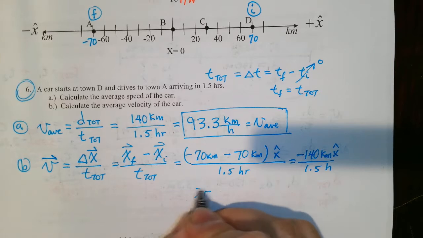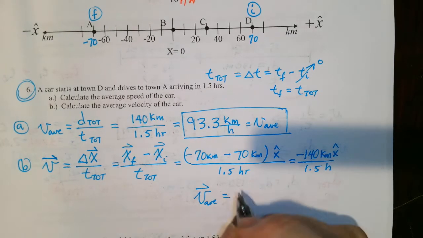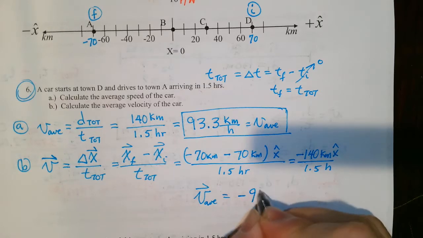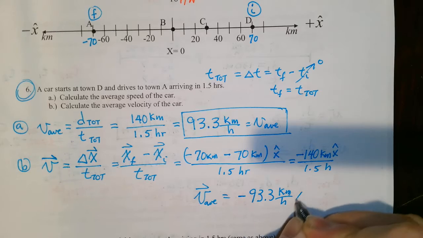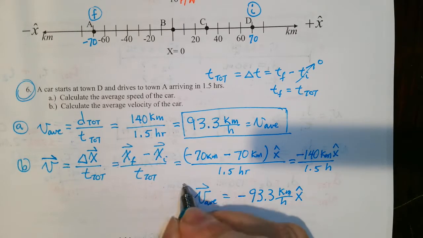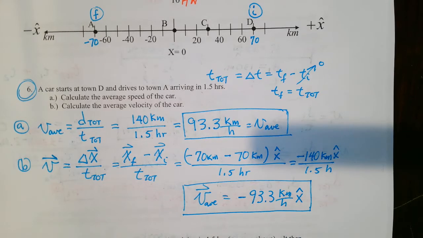So my average velocity becomes negative 93.3 kilometers per hour x hat. I hope you can see the difference.